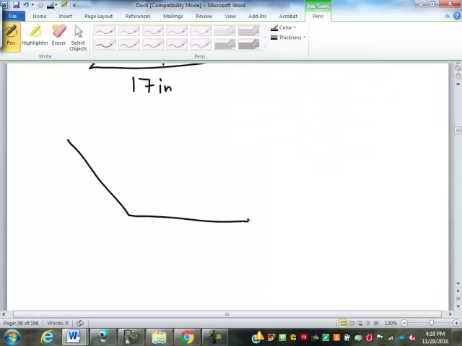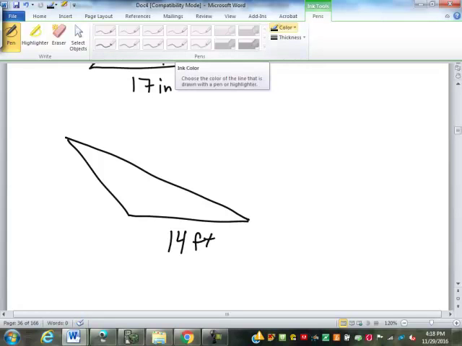A little bit harder to understand is a triangle that looks like this. Let's say that this down here is 14 feet. The altitude of this, the height of this, is found off over here.